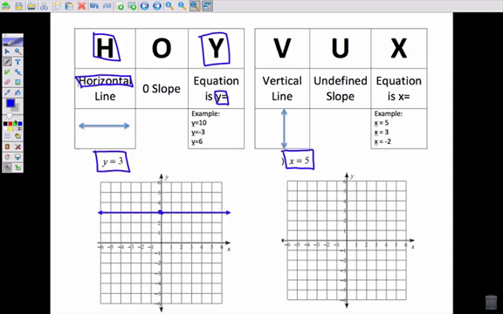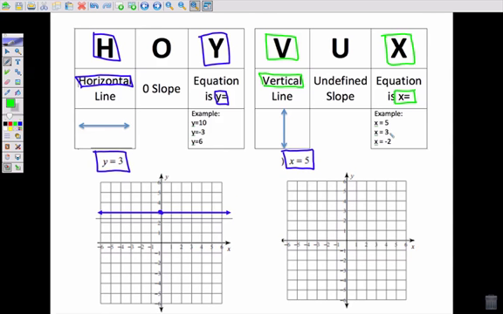Over here, if we're looking at the Vux part of this, the V stands for vertical line. U is for undefined slope, and then X is for an x equals equation. So x equals 5, that line is going to be a vertical line.